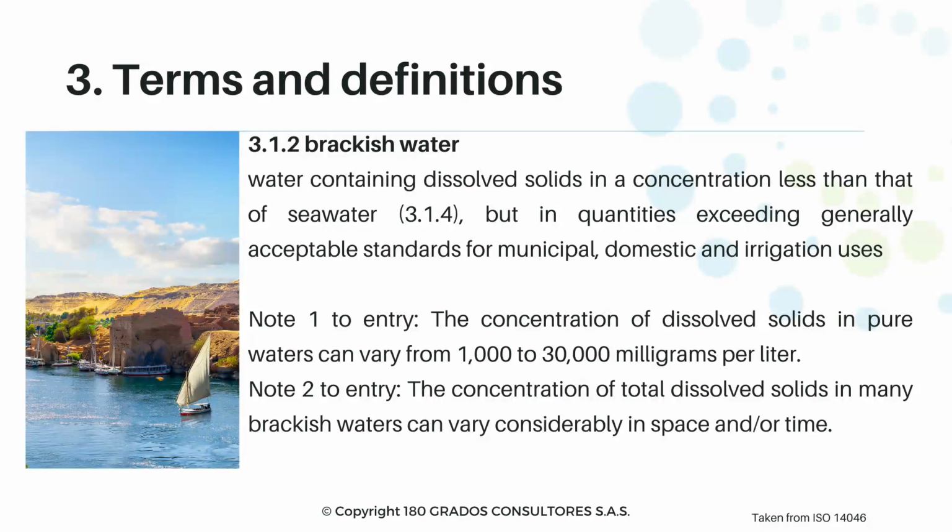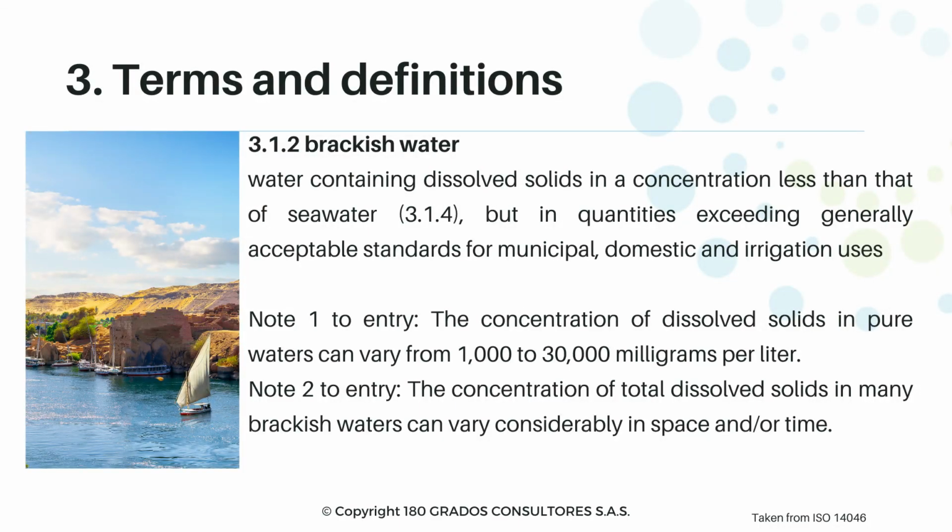Also, there are two notes in this concept, and the first note clarifies that the concentration of dissolved solids in brackish water can range from 1000 to 30,000 milligrams per liter. This is significant as it indicates that brackish water can vary from being slightly saltier than fresh water to almost as salty as seawater, affecting its suitability for various uses such as irrigation in agriculture or human consumption.